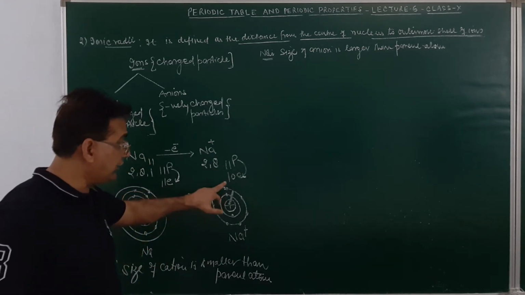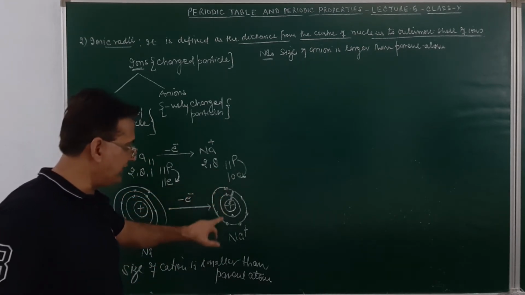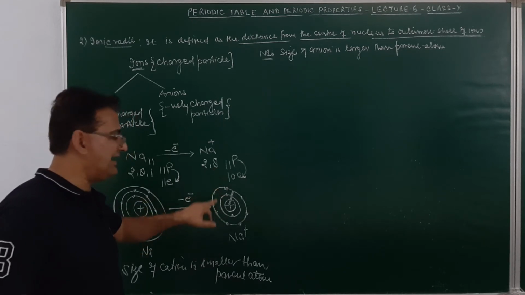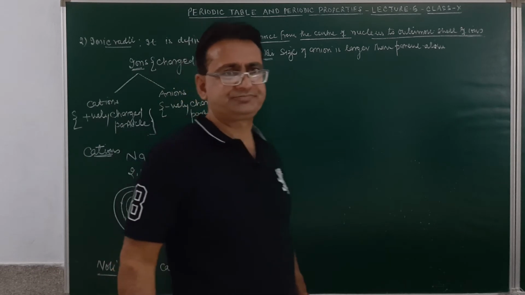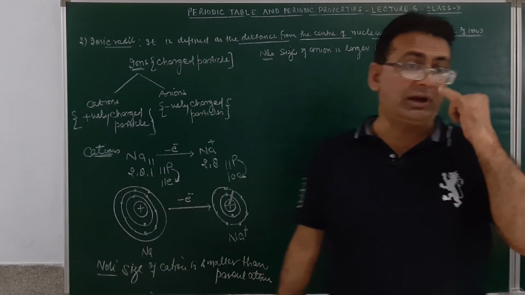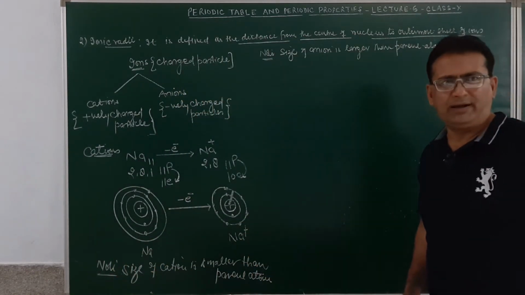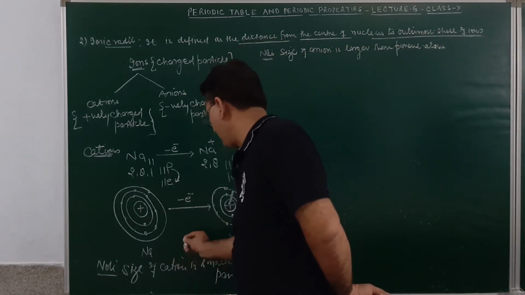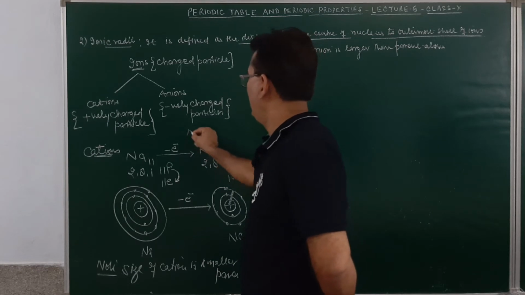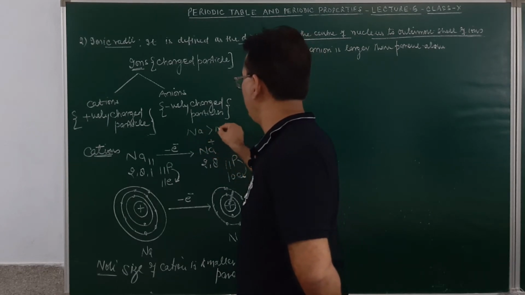So, here the attractive force is more, number of energy shells are less, so size decreases. Am I clear or not? Yes. So, cations are smaller than the parent atom. So, you may see over here, sodium metal was larger in size as compared to sodium ion.